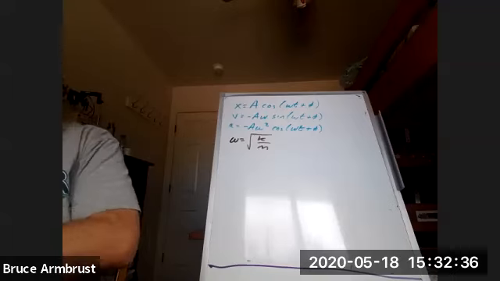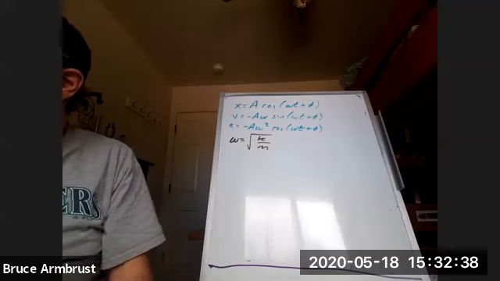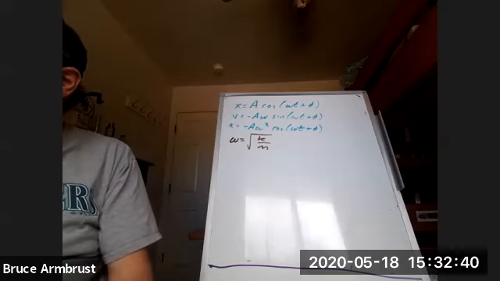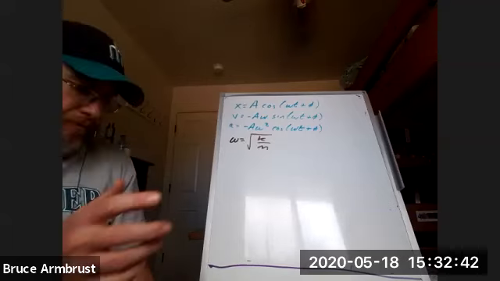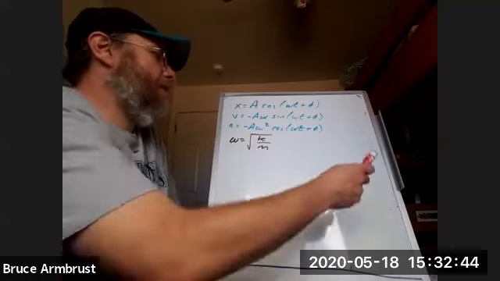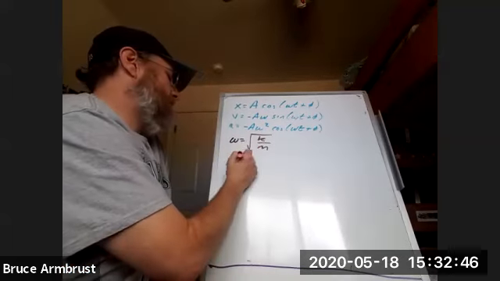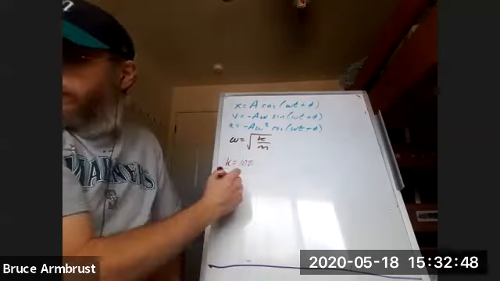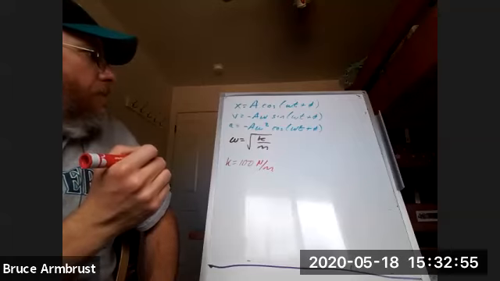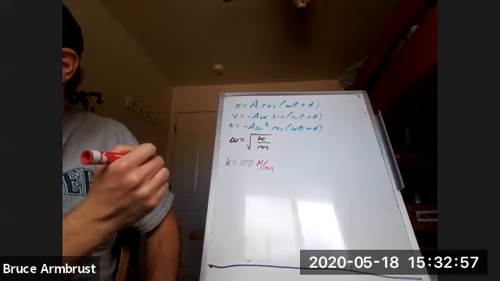All right, so let's get the information again. It says that the spring has a k of 100. Okay, so that's a given. So we got 100 newtons per meter for our k. We also know the mass.